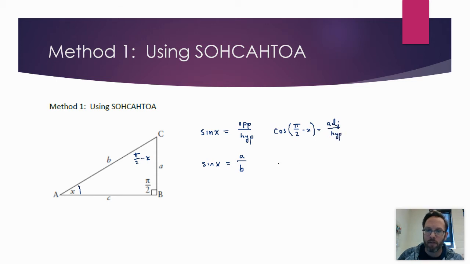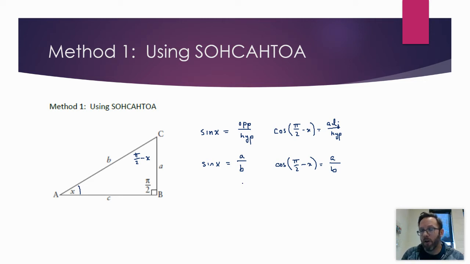But look, the adjacent side to that angle, pi by 2 minus x, is also A. What is adjacent to C is the opposite to angle A. And you get A over B. So we've just shown this is true by looking at a right angle triangle. Of course, the same is true for cosine x and sine pi by 2 minus x. But I think that's enough. I don't want to get things too cluttered.